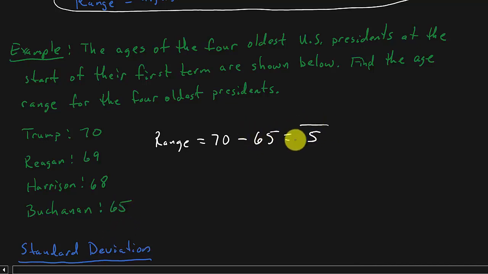And so that would be 5. That's the range of the data values. And I guess we could put 5 years because we're talking about age.